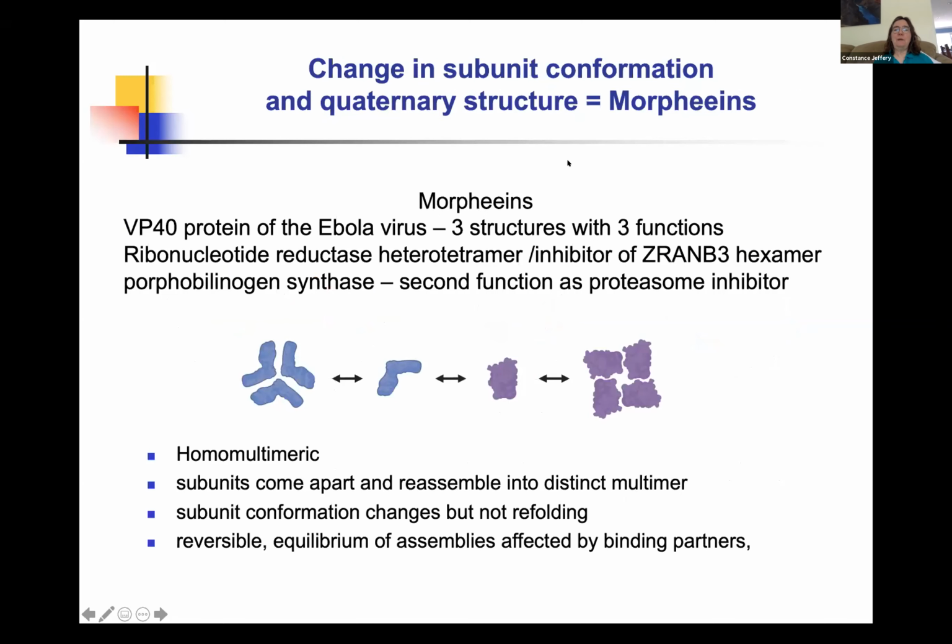And finally, we come to the morpheeins, which change in conformation of a subunit, and they also change in their quaternary structure as well. So a few of these have been mentioned already. The VP40 protein has 3 structures with 3 different functions. Ribonucleotide reductase has heterotetramer and hexamer forms, and it's also an inhibitor of another protein involved in cellular proliferation.